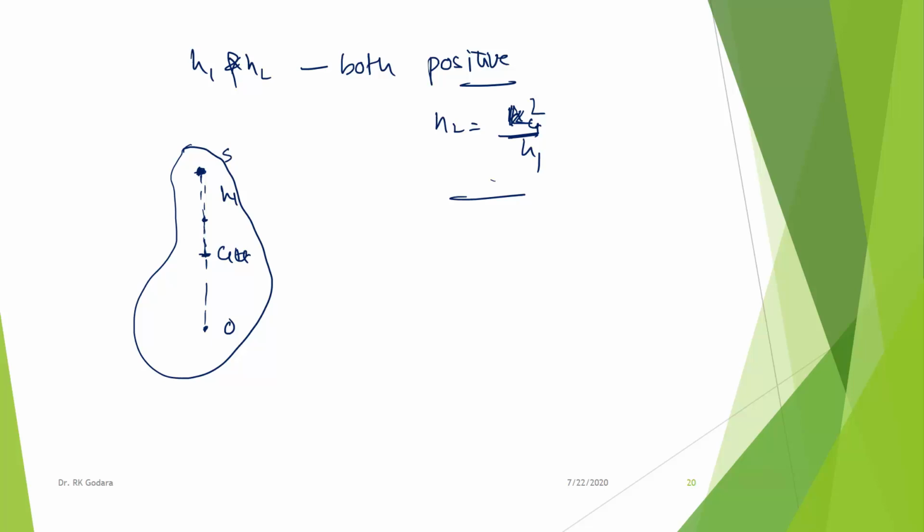This is the O dash point, which is equal to kg square over h1. Similarly, if this distance is h1, then the second point is at distance h2, which is kg square over h1. So we have 4 points like this.